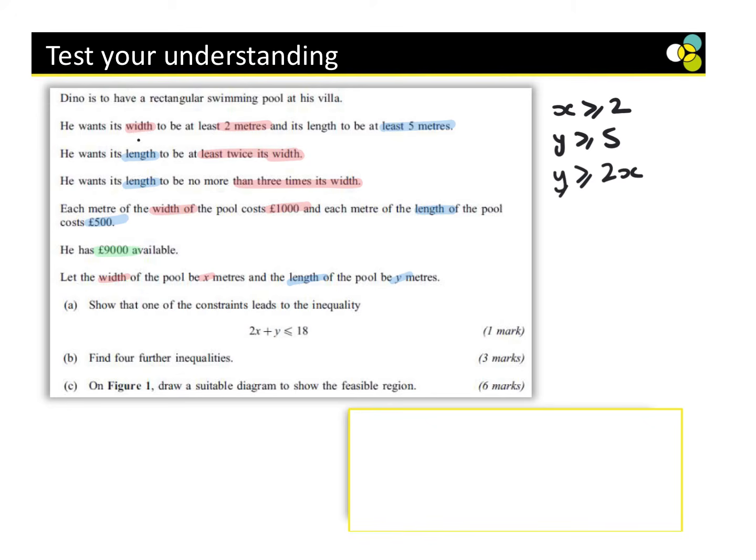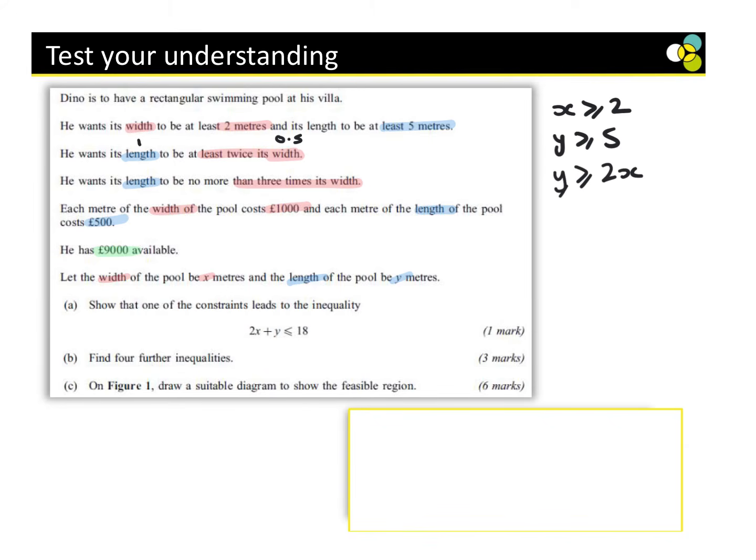If the length is 1, it wants the length to be at least twice its width. The width needs to be minimum 0.5, right? I get confused. This is why I'm going through the numbers. So let's think about it. He wants his length to be at least twice its width. Yes, if my width is 0.5, this has to be 1. 1 is greater than or equal to 2 lots of 0.5. Yes. Okay, that one's fine.